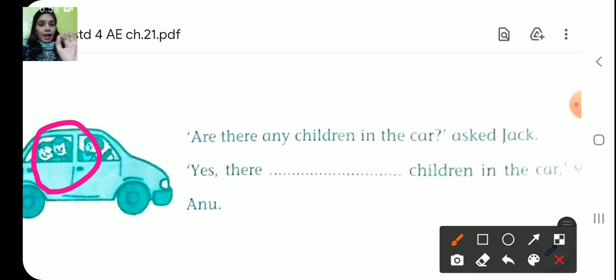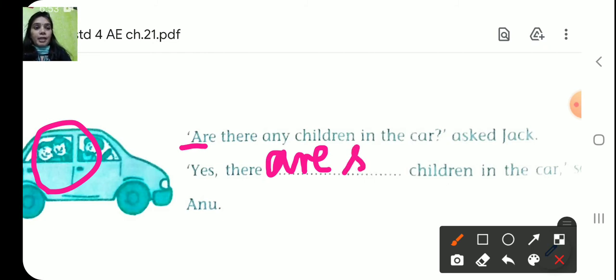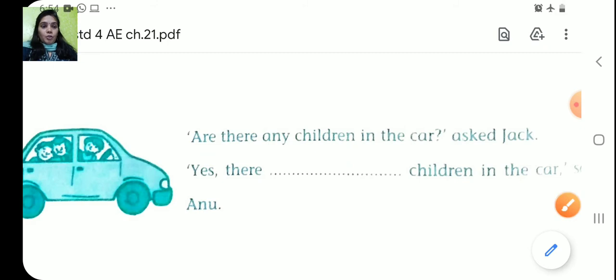Yes, there are. So what will you write? Yes, there are some children, S-O-M-E. So there are some children in the car, said Anu. That is already given. So you will write there are some children in the car. Now we'll move on to the next question.